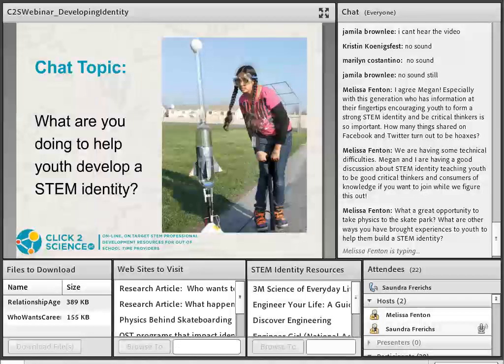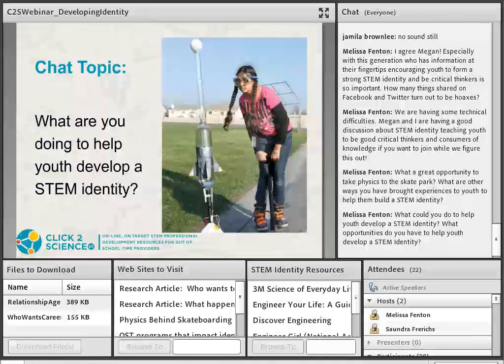And as you're doing that, I want to talk with you a little bit about the resources that are in the pod in the middle of your page that says STEM Identity Resources. These are resources that can help you strengthen your program and the experiences that you have for students.